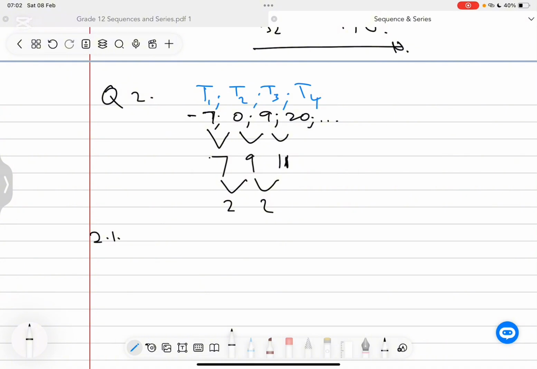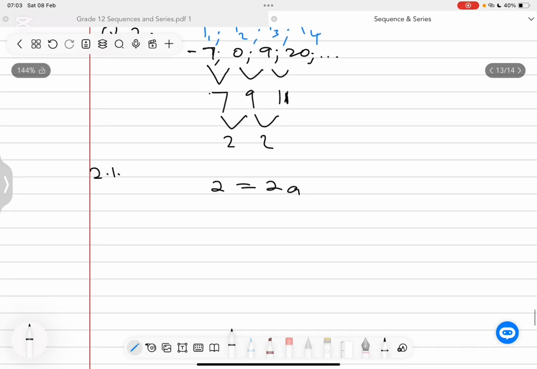To do this, I'll start with the second common difference, which is 2 and equals 2a. So a is equal to 1, because when we divide both sides by 2, this cancels, giving me 1.